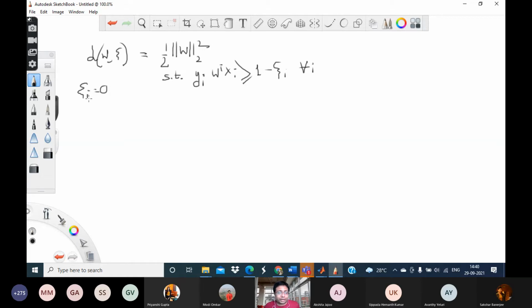If we consider all the xi's, a higher value of xi suggests that more points are being misclassified. That is not something we want. We do not want many points to be misclassified. This constraint makes sure that the xi's are chosen in such a way that the constraint is satisfied for all the points. It does not prevent any particular point from being misclassified.